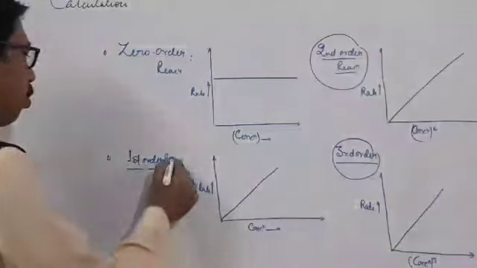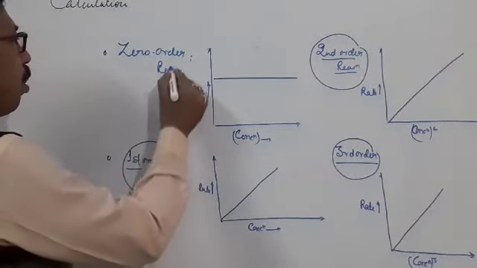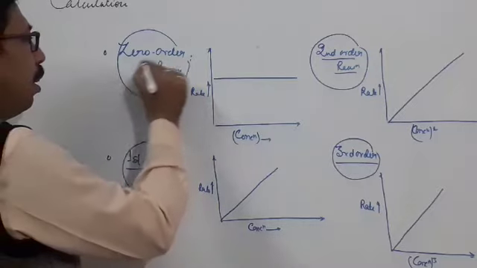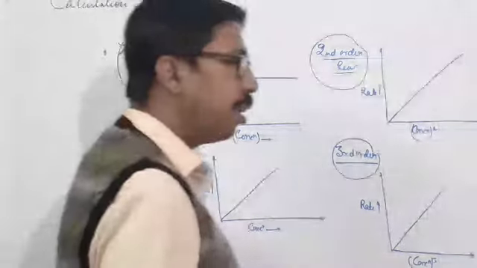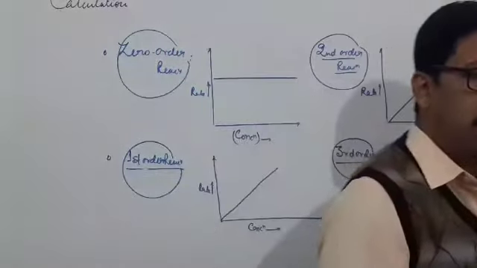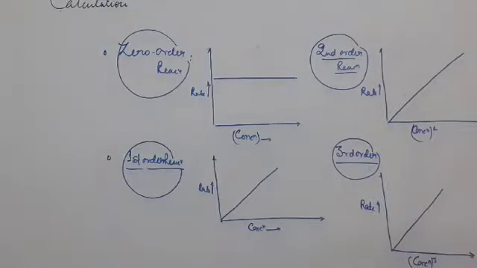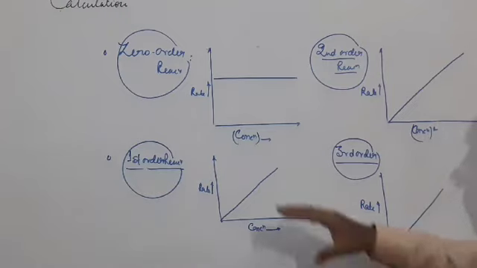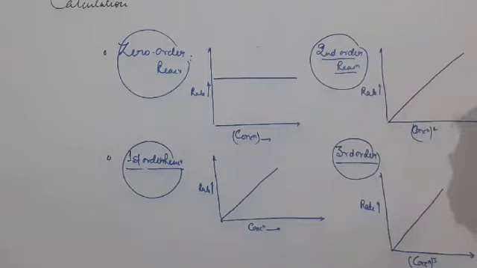If we observe this type of graph, first order, and the last one, zero order reaction. So, by plotting a graph between concentration and rate, or rate and concentration, if we observe this type of graph, then we can easily find out the order of reaction.